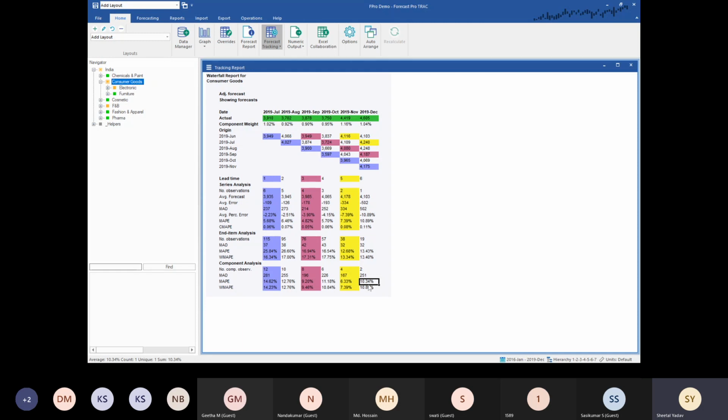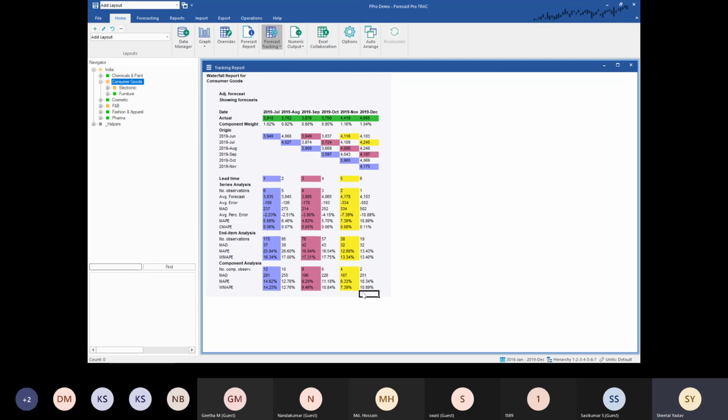And for WMAPE, that's the most critical feature that's used company wide or industry wide. We have seen that companies utilize the WMAPE factor more than the MAPE factor, because in MAPE we're not taking the weight as per the actual sales of each individual item.